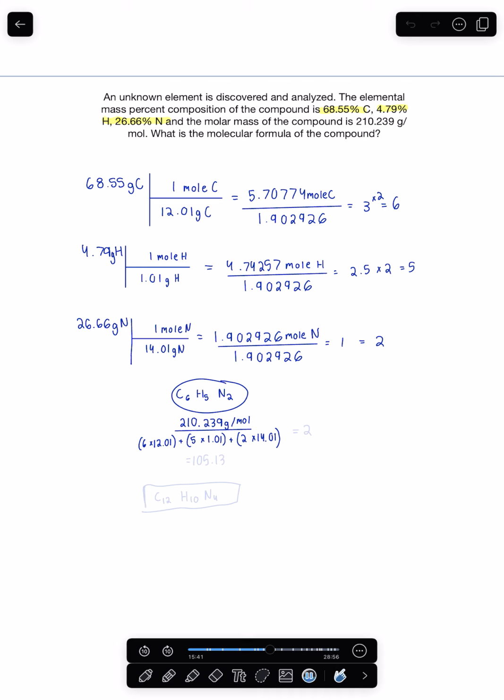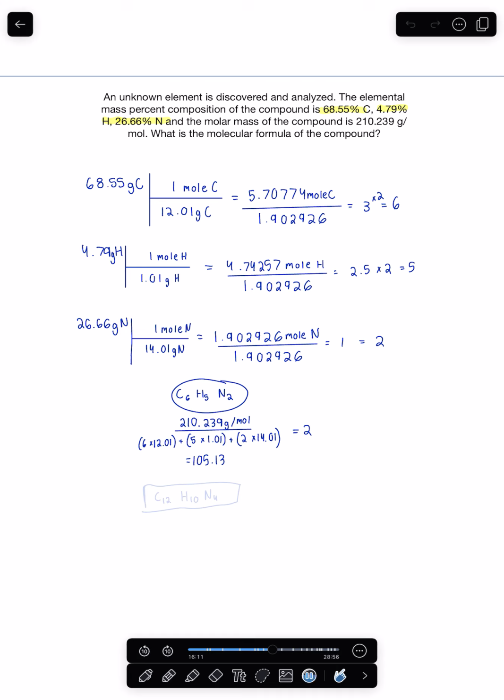Okay, so this number turned out to be 105.13. So we're going to take the top molar mass, or the given mass, and divide it by that number. And it equals roughly 2.